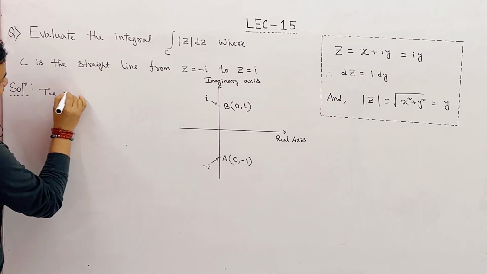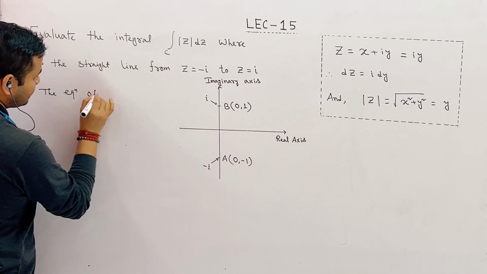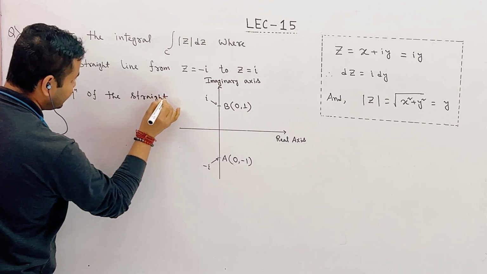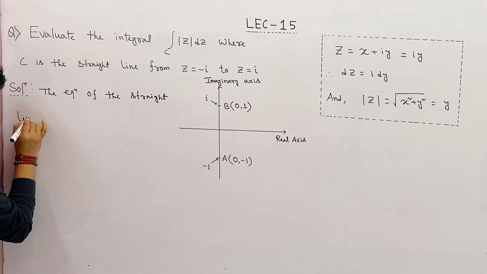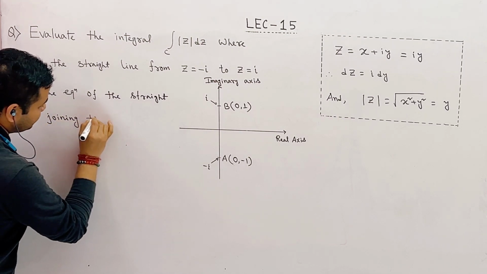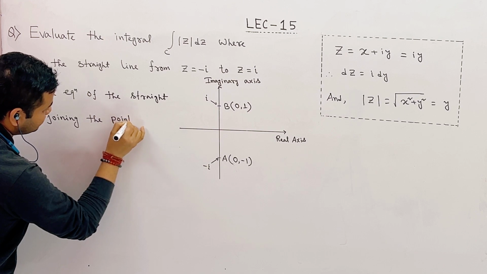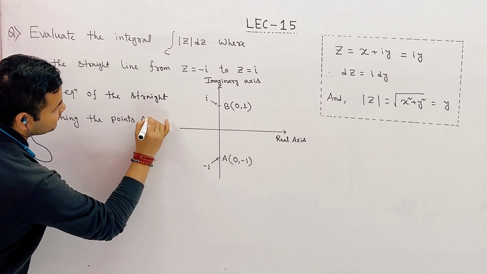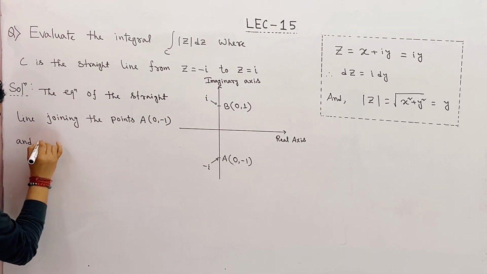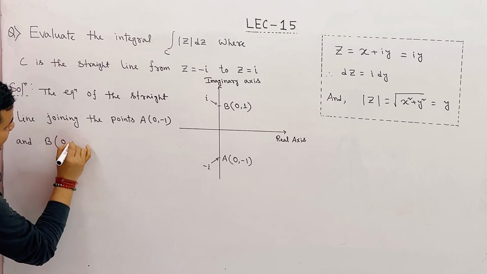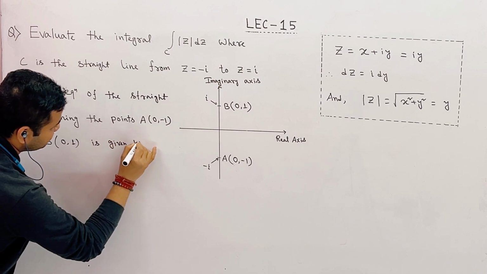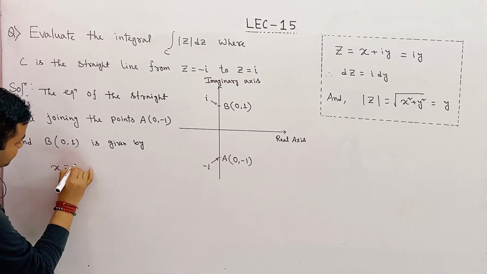The equation of the straight line joining the points A 0 comma minus 1 and B 0 comma 1 is given by x equal to 0.